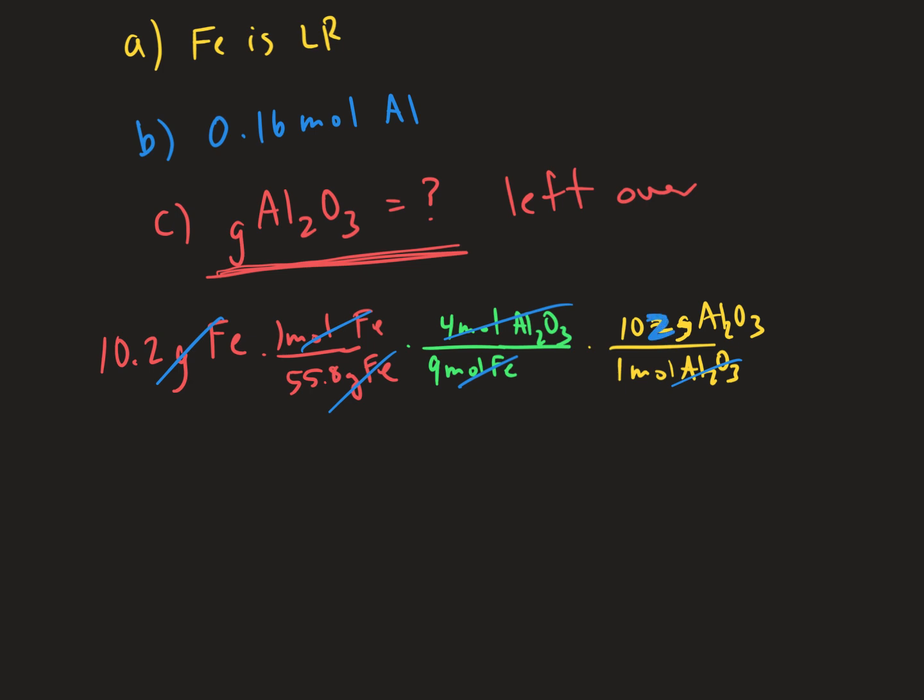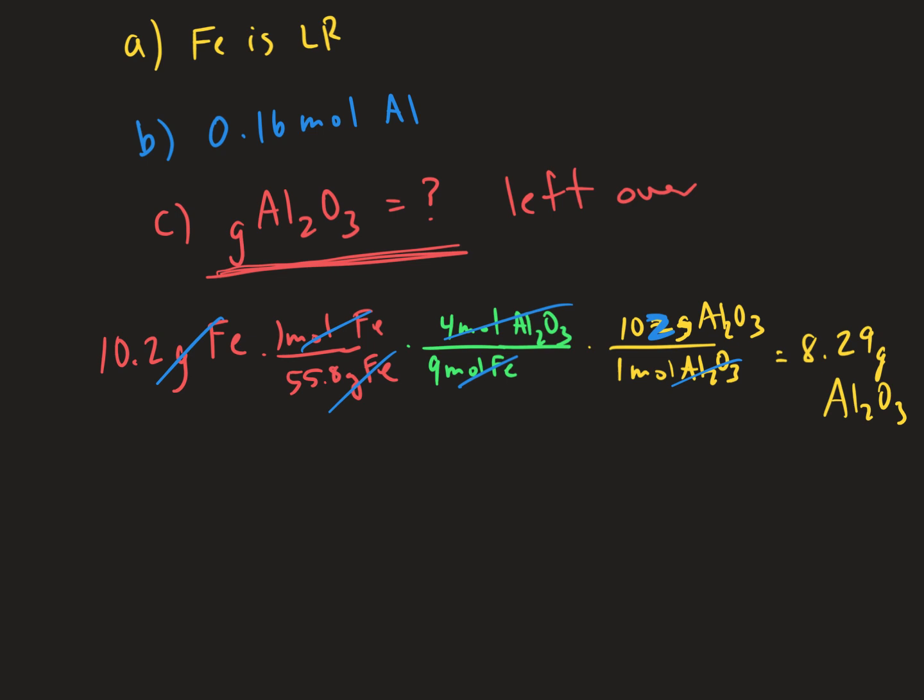And what do we get? 8.286? So we rounded up to 8.29. 8.29, yep. And that's going to be grams of Al2O3.